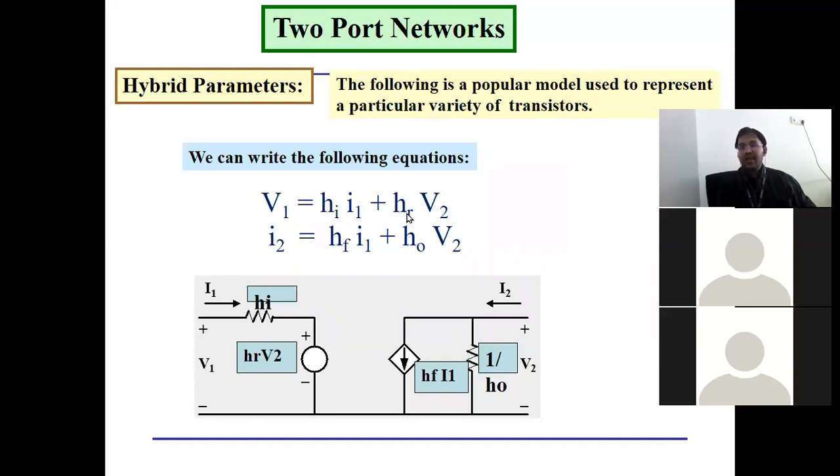Input impedance, reverse voltage gain, forward current gain, output admittance. Now we are simply replacing H11, H12, H21, H22 based on whether it is input, forward, reverse, or output. Simple. Now we will construct a circuit based on this equation.